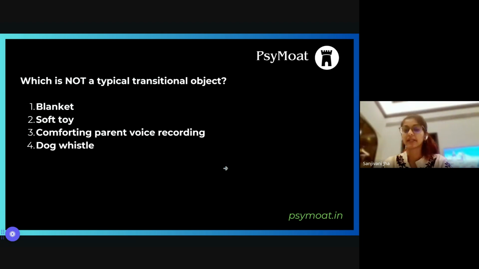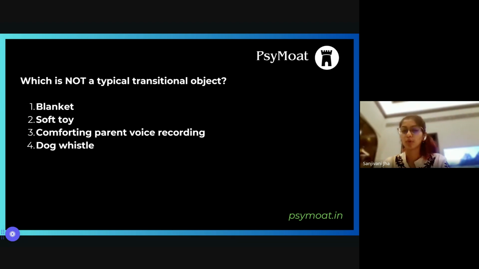Which is not a typical transitional object: blanket, soft toy, comforting parent voice recording, or a dog whistle? Okay, so getting mixed answers for this.